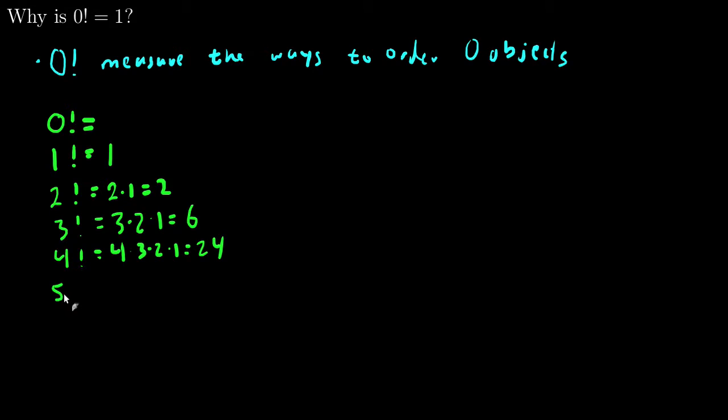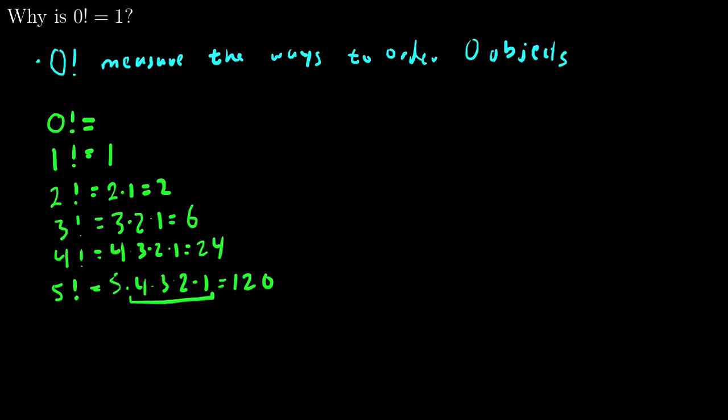And I'll put one more up, 5 factorial, which is 5 times 4 times 3 times 2 times 1. And we can use that last trick. 5 factorial is just 5 times 4 factorial. I knew this already was 24 from right here, so I just do 5 times 24, and I'll get 120.